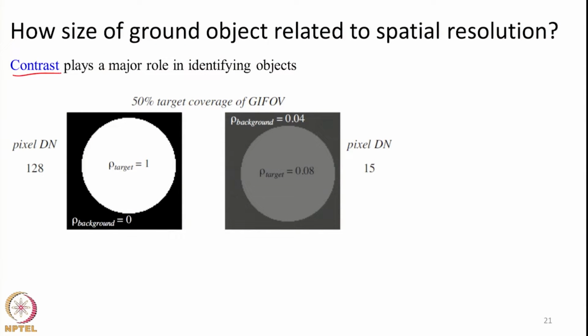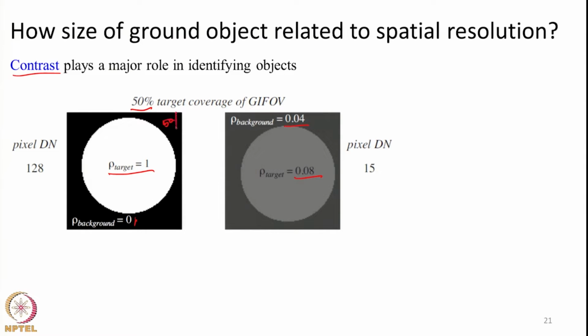This gives a very good example of the reflectance of the background and the target. Here the background is 0.04 and the target reflectance is 0.08, assuming each covers 50% of the GIFOV.